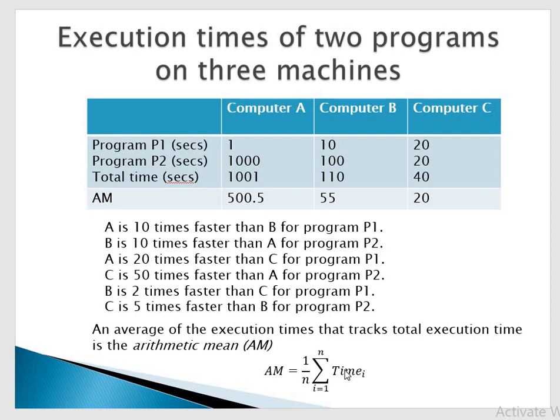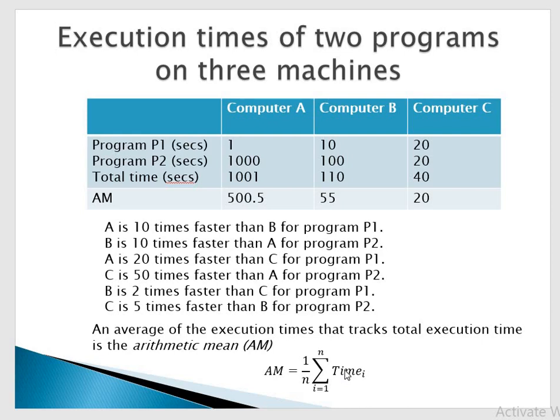The arithmetic mean of computer A will be 500.5. For computer B it is 55, and for computer C it is 20. So on the basis of the arithmetic mean, computer C is still the fastest and computer A is the slowest among all three.